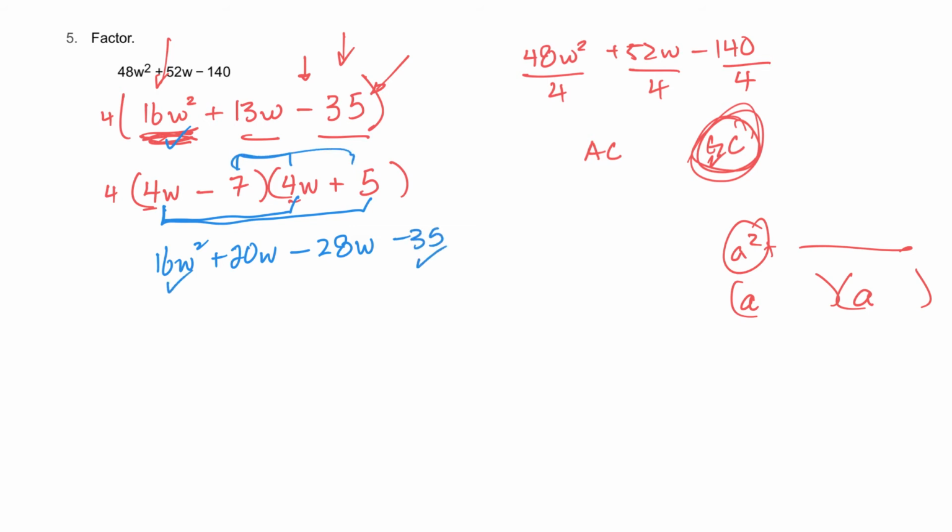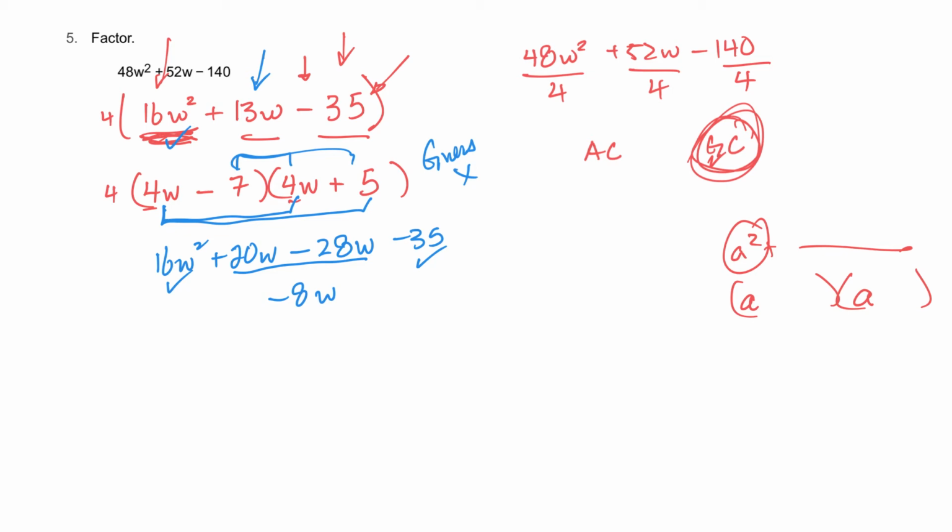Notice I always guess the first and the last term correctly. But now when I subtract these, I get a minus 8w. But I'm supposed to get a 13w. So something must be wrong. So let's try again. So this is guess number 1, and that gets a big bzzzt. So let's try another one.